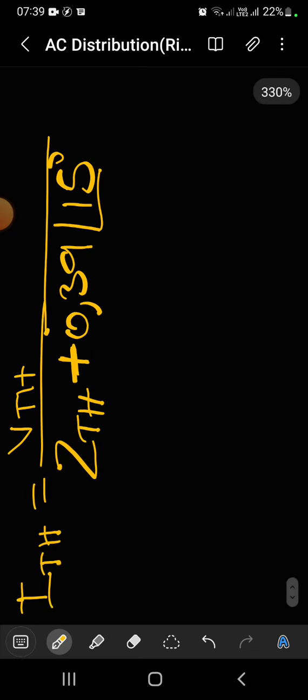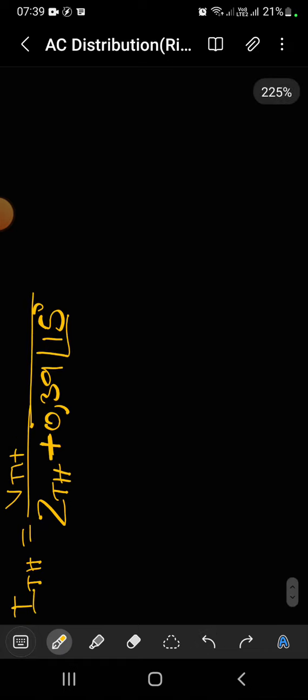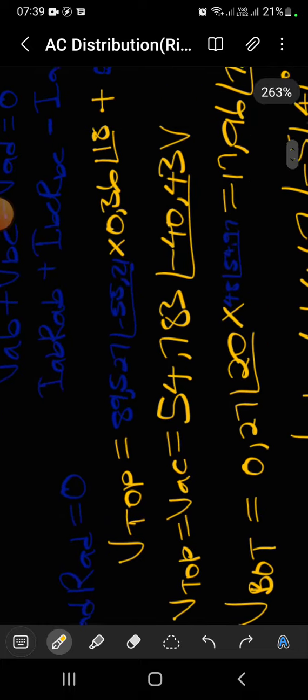Again, you substitute the value of V Thevenin and the value of Z Thevenin. Or should I do it? Okay, let's go. Well, it's going to take too long though.